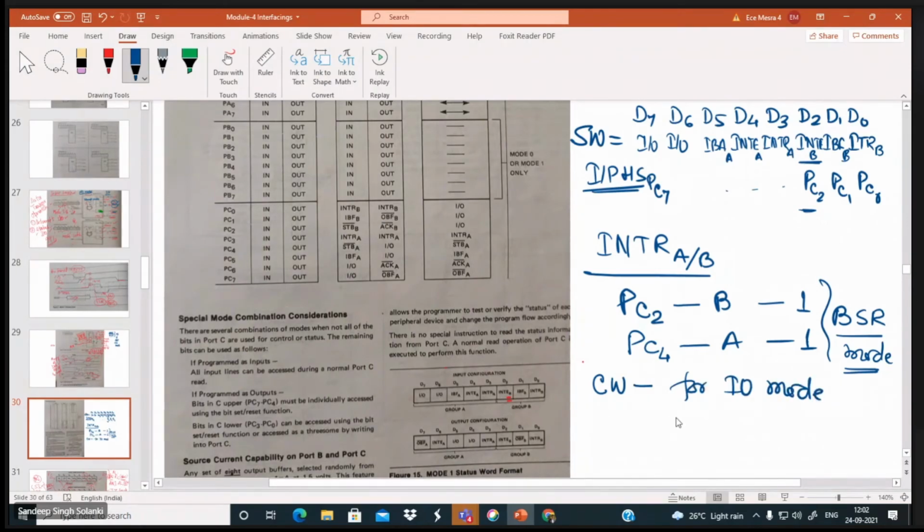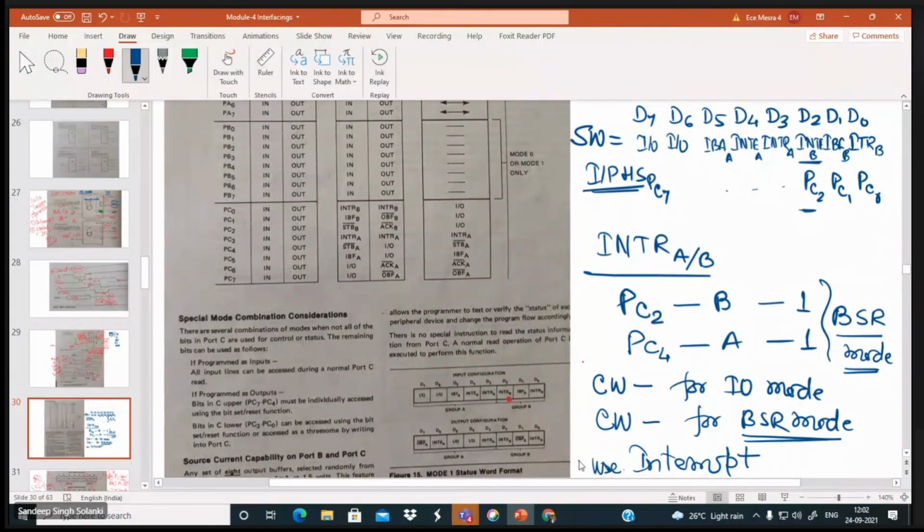And then you have to again create a control word for BSR mode. Then only you will be in a position to use interrupt. Clear?